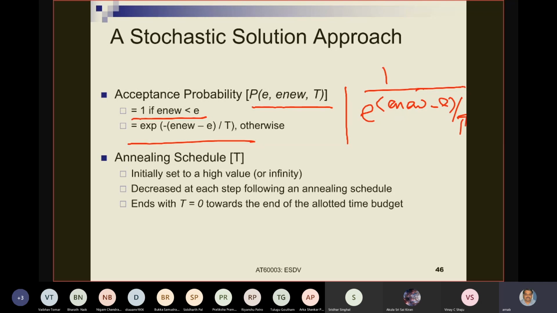When it becomes greater than 0, then 1 by some value, you will start to get a value which is greater than 1. When you start getting values greater than 1, then your 1 by e to the power, the value of P will slowly reduce, will go on reducing. Now your probability of accepting worse solutions will therefore decrease.